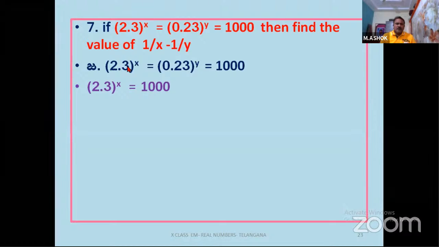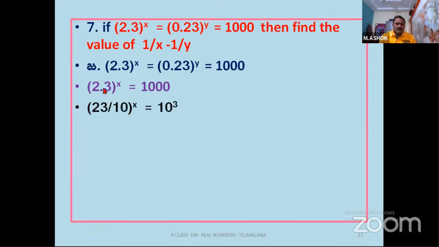So by removing this decimal, 2.3 becomes 23 by 10 to the power of x. For the point we put 1, and for 1 digit we put 0. After removing this point, it becomes 23, which we write in the numerator, by 10. So (23 by 10) to the power of x is equal to 1000, and I am writing 1000 as 10 cube.